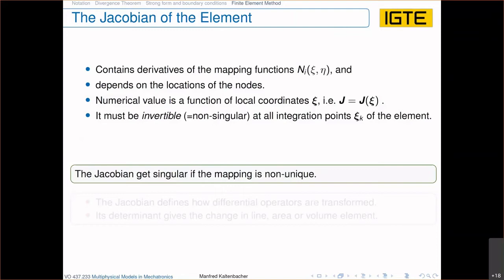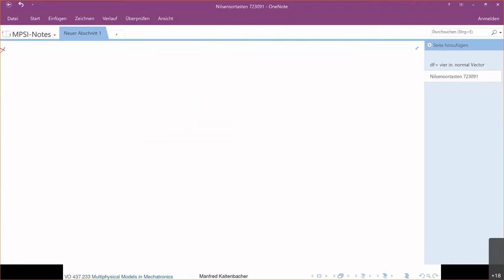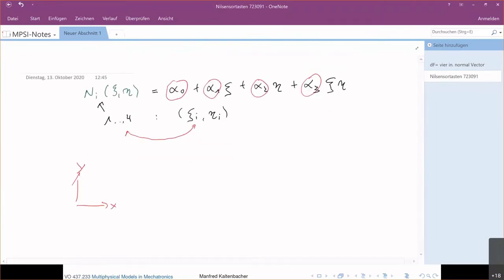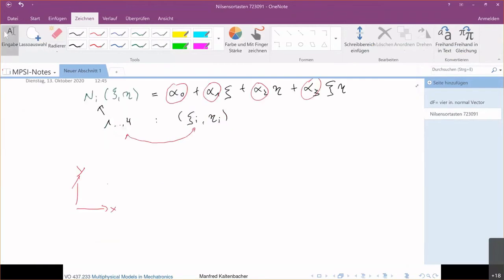What does this mean? I will go back to here. You will never have a problem with such an element. So we look here now at the global space. If you have any element in the global space which looks like this quadrilateral, then it will be no problem.